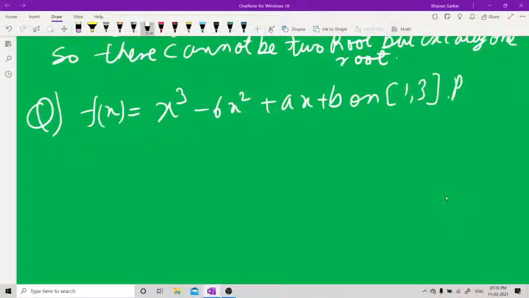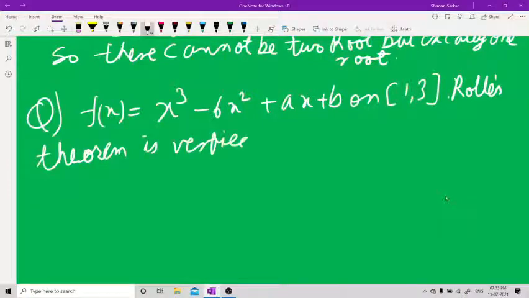Rolle's theorem is verified. Find A comma B. मतलब रोल्स थ्योरम वेरीफाइड मतलब रोल के सारे कंडीशन वेरीफाई हो चुके हैं, बस मुझे A and B चाहिए.